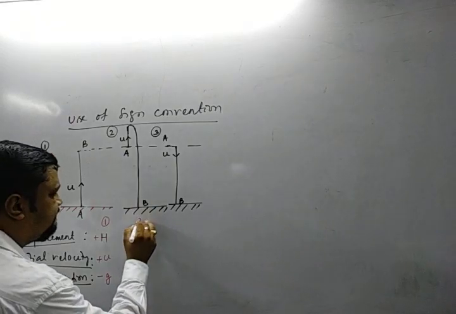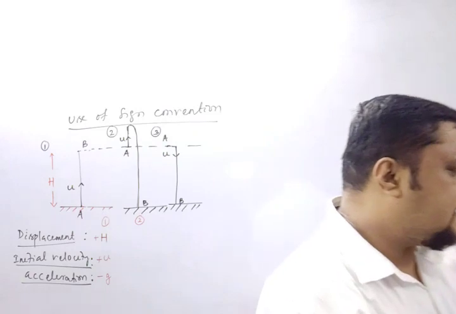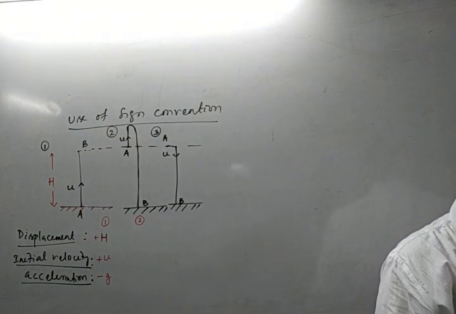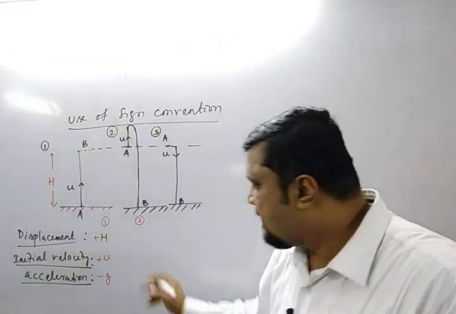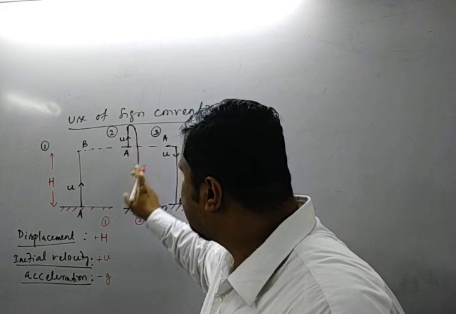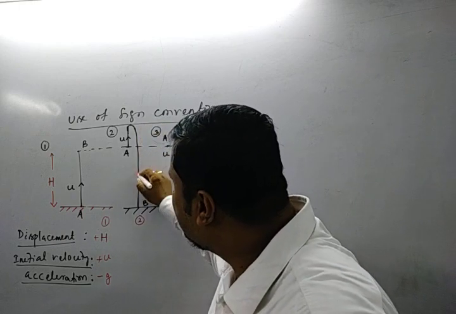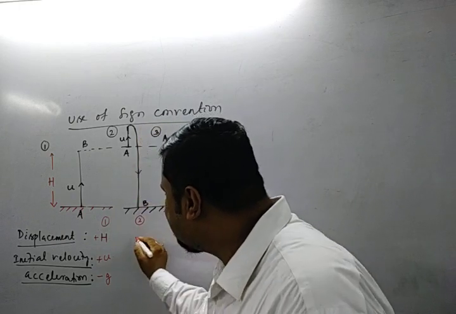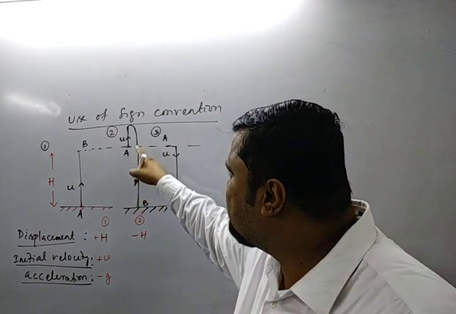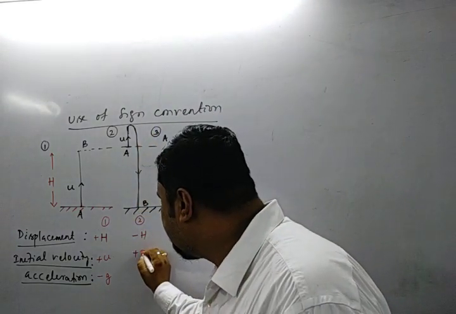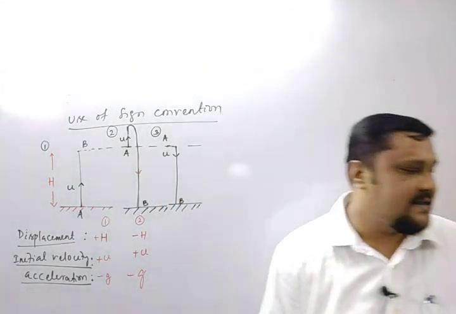For case 2, what will you consider? u is going up, so u is plus, but here it moves h in this direction, so this is obviously minus h, downward. u goes up, plus u, g is minus g, always directed downward.